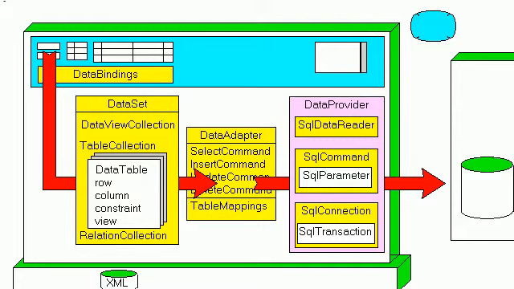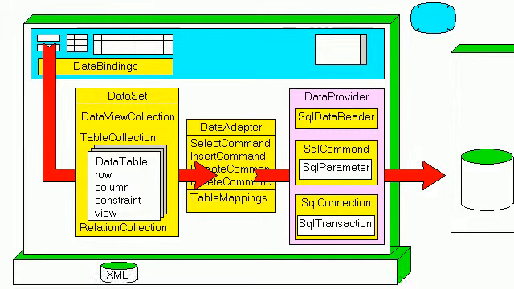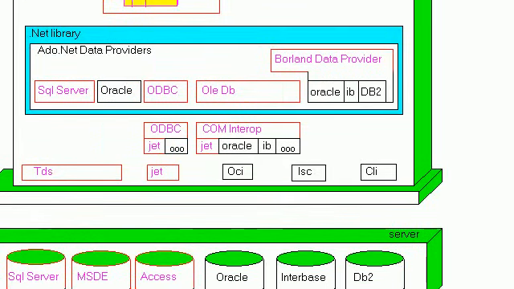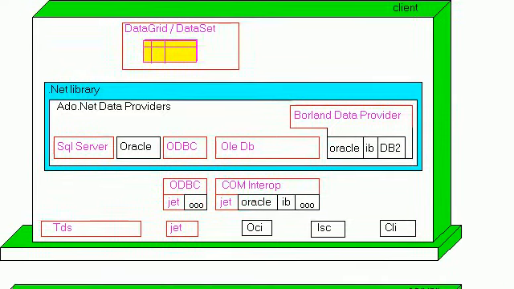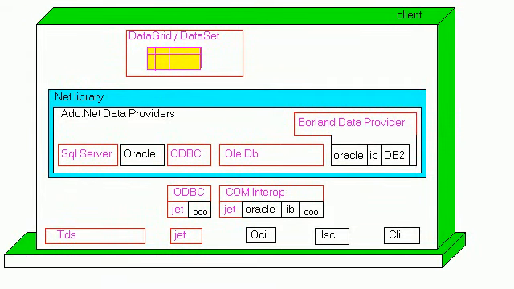Okay. So if you move a little bit down, we have another illustration. The ADO. We have a data grid and data set here, and we have a .NET library. We talk about SQL Server, Oracle, ODBC. Those are called data providers.